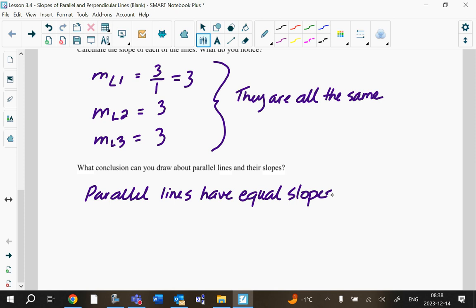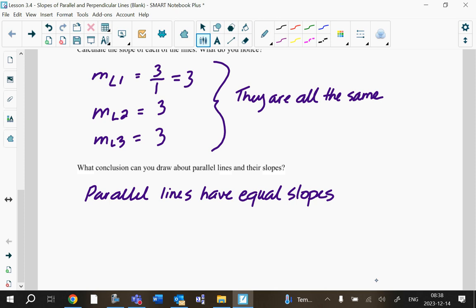So if I said to you the slope of one line was 3 over 7, and I asked you to tell me the slope of a parallel line, it's 3 over 7. Okay. So parallel lines have equal slopes.